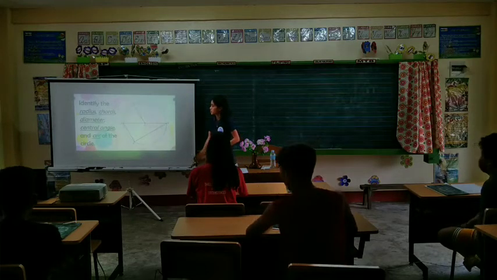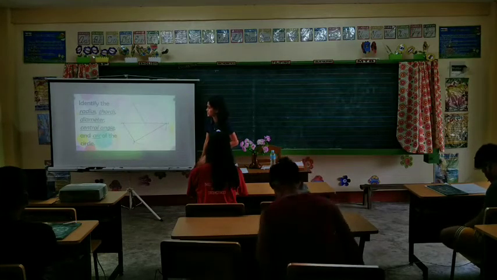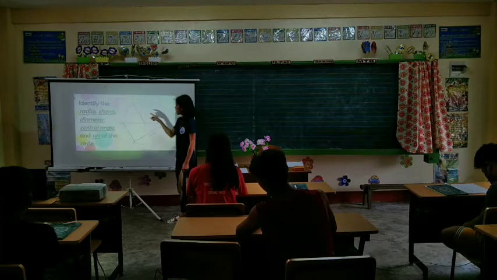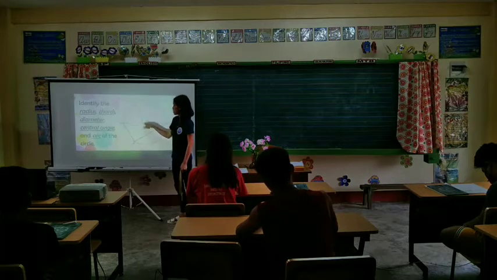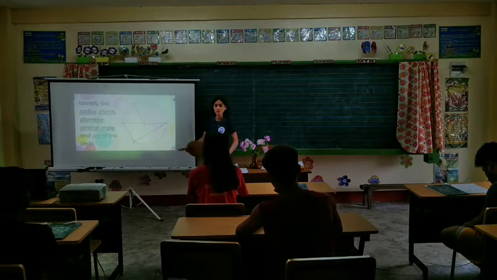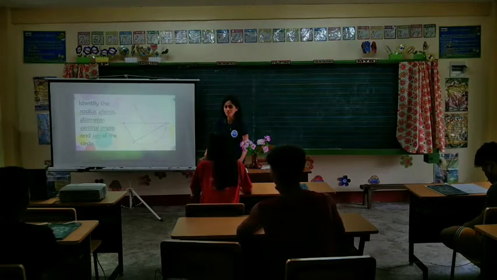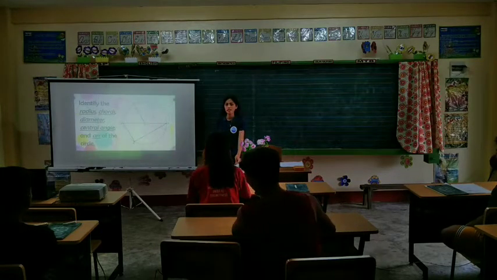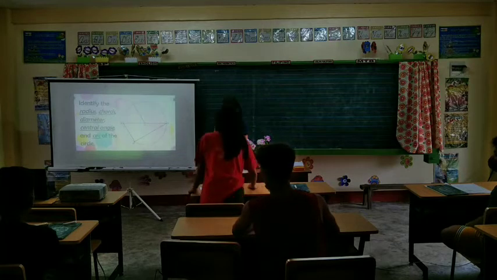Very good. So we have 2 central angles. We have angle MOP and NOP or PON. Okay, any question about central angle? No, ma'am. Okay, so last we have the arc. Anyone? Yes, Nicole? Arc PM and PN.